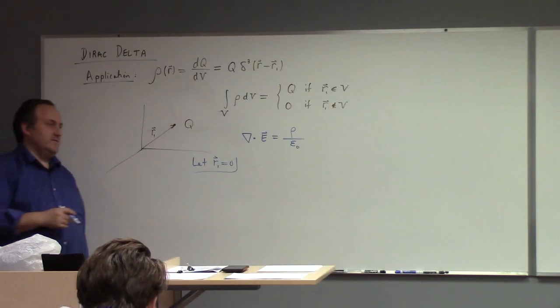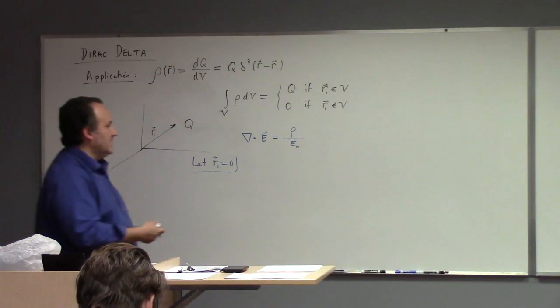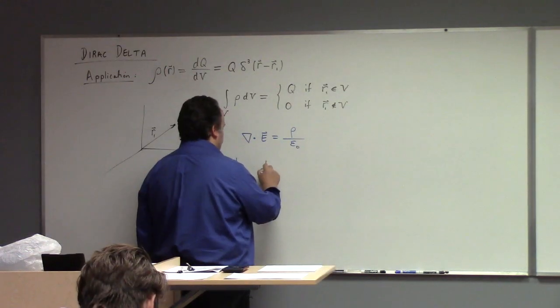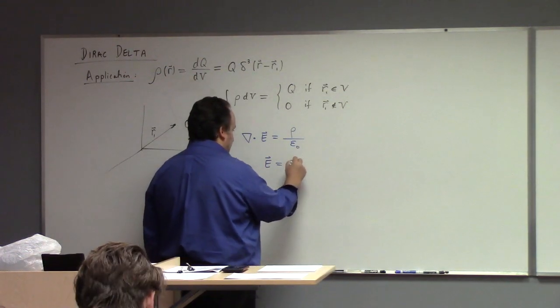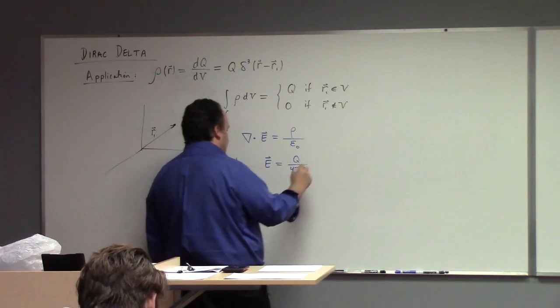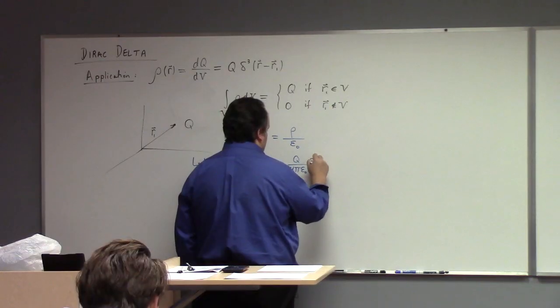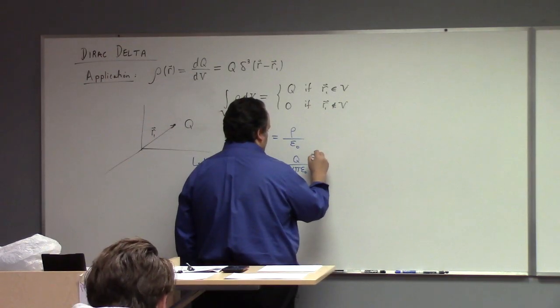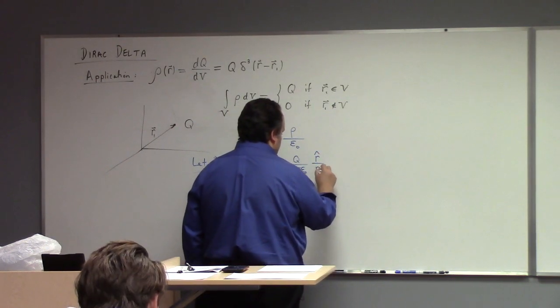So I'm going to put the charge at the origin. Then we know the formula for the electric field, the Coulomb field: q over 4 pi epsilon naught, r hat over r squared, using physics notation.